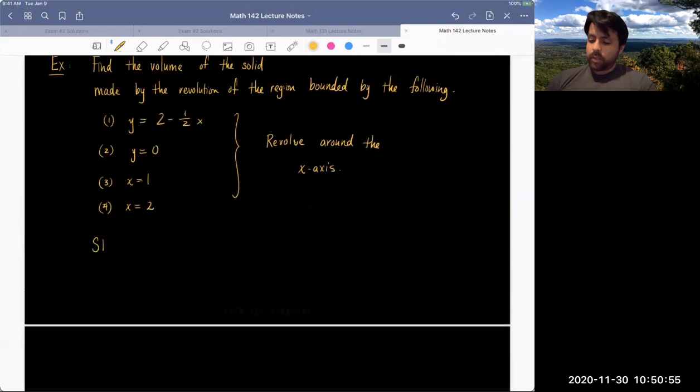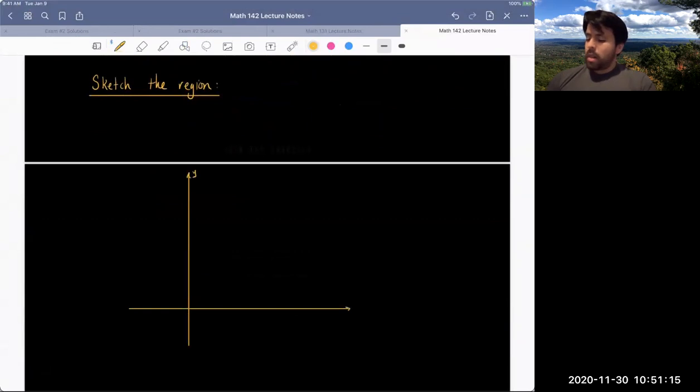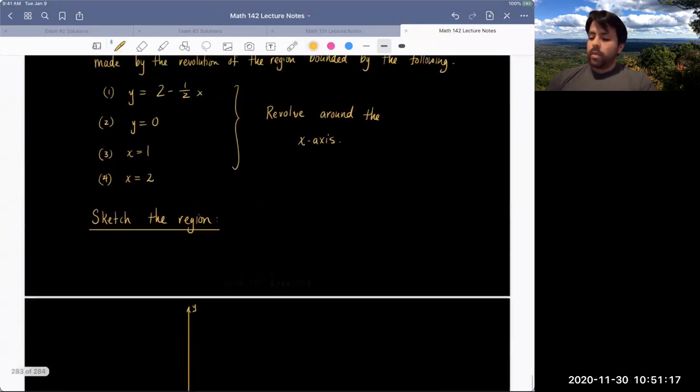Let's sketch the region. So this is where our drawing abilities come into play. So let me sketch this. And what do I have?